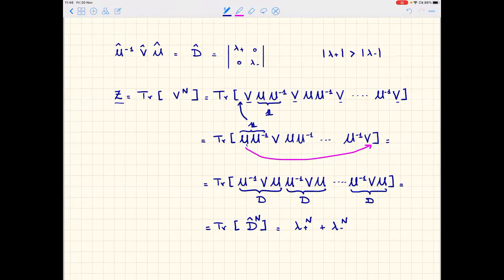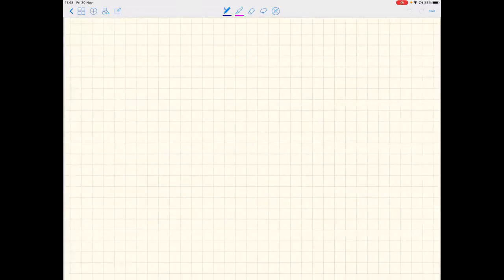All right, so now let's take our problem. This matrix, let's diagonalize it. I have to solve this equation.